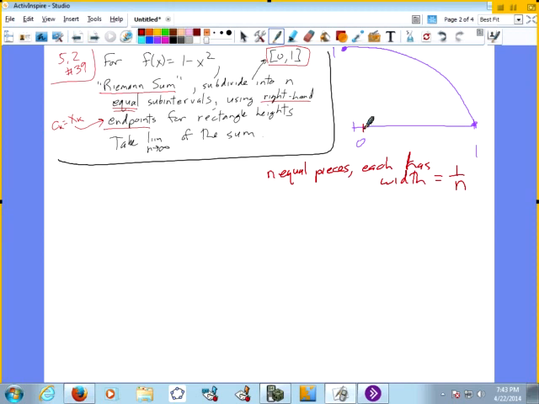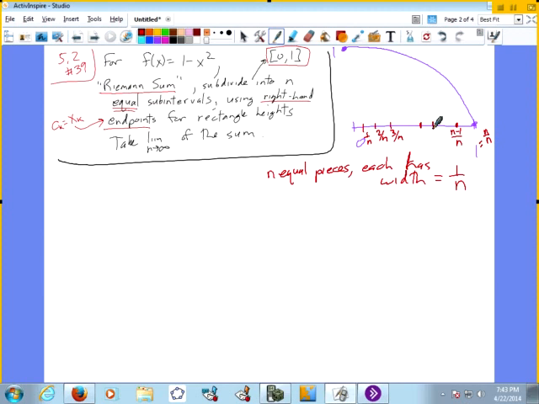And so this partition looks like this: the first point is at 1 over n, the next point is at 2 over n, the next point is at 3 over n, the next to last one is at n minus 1 over n, and then the last point is 1, which is equal to n over n. And so that tells me where my rectangles are going to be.